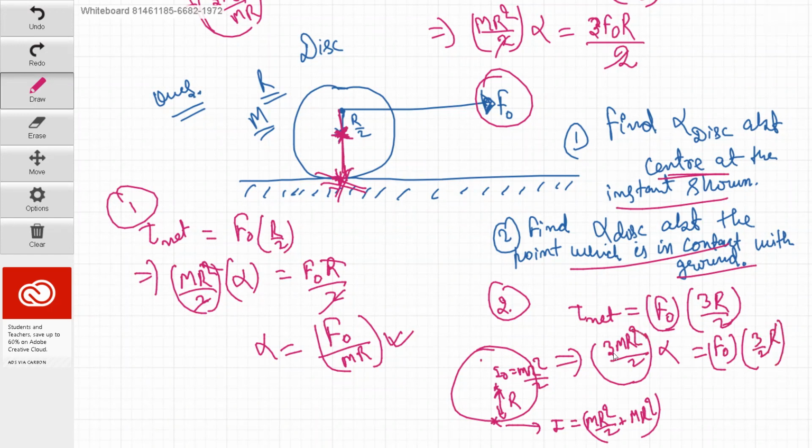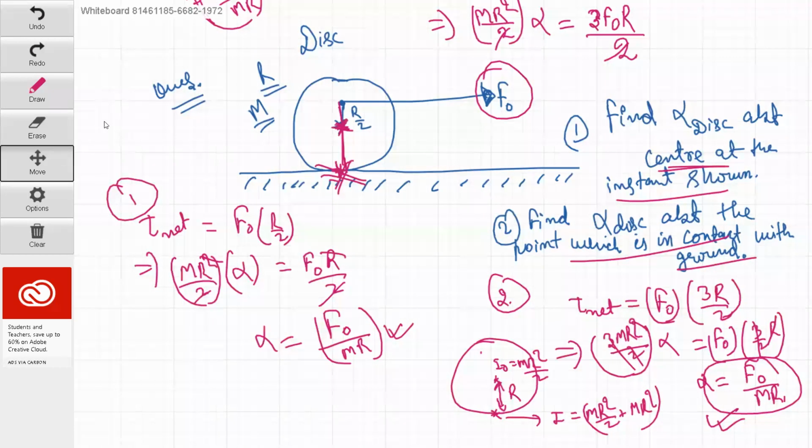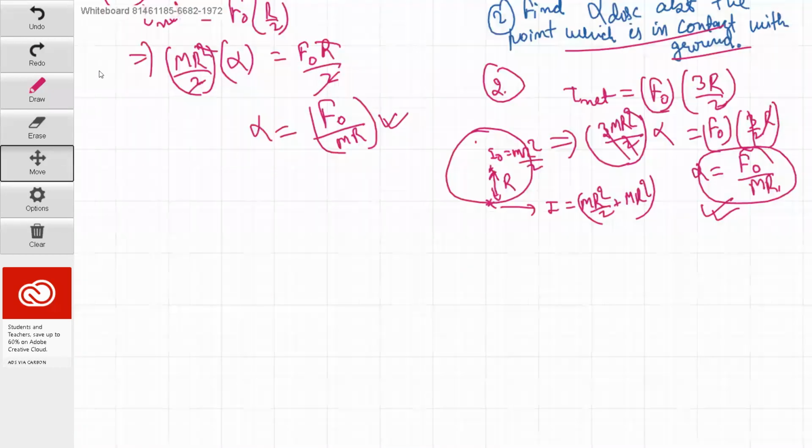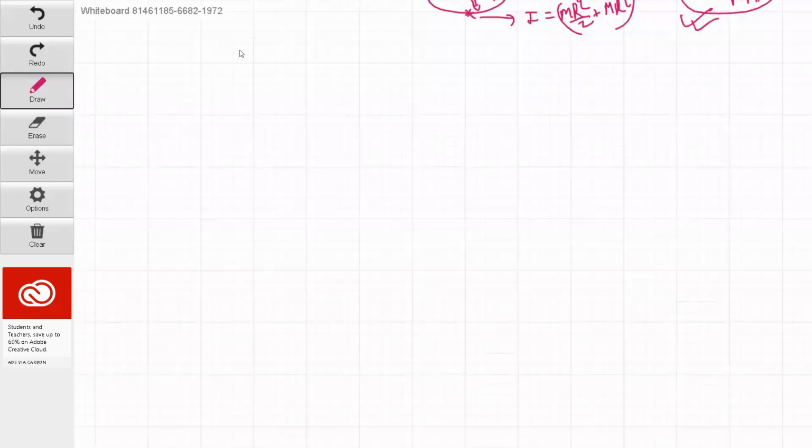So R cancels out, 3 by 2 cancels out. So alpha will be equal to F naught by MR. Is this all right? Good. Now, angular momentum.